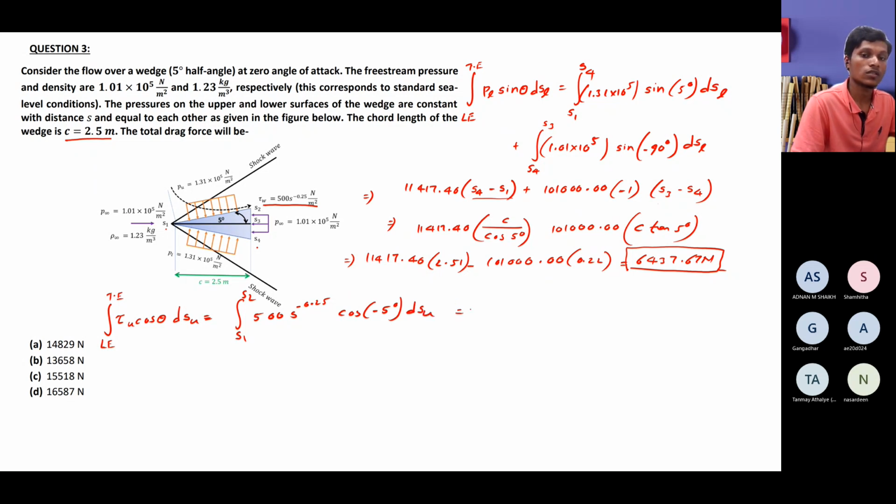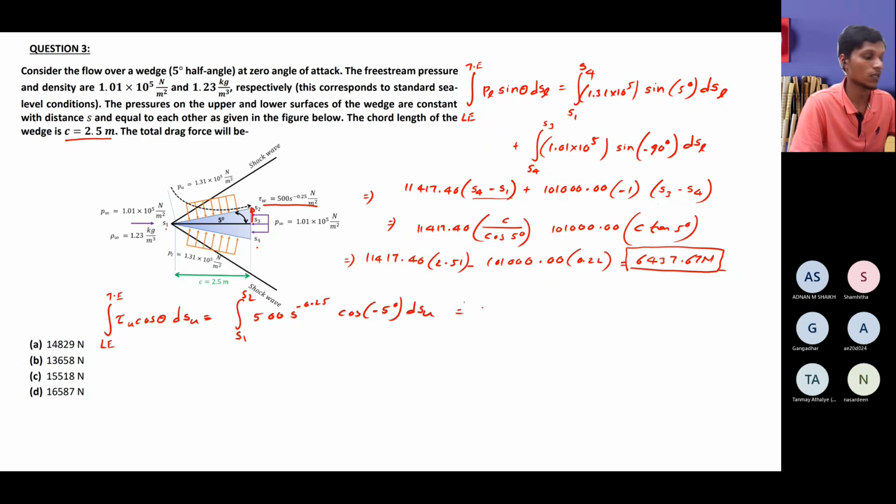Got it? We are not taking S2 to S3 because S2 to S3 is not in the axial direction; it is completely in the plane perpendicular to the axis. So the force on this plane due to the shear stress is in the vertical direction, like this. So it does not contribute any axial force.